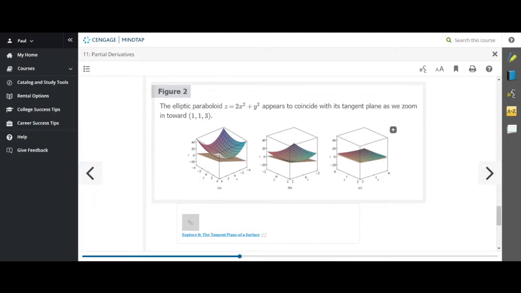In figure A, there's the picture. In figure B, you're narrowing in on that point. You notice x goes from -2 to 2 and y goes from -2 to 2. And in figure C, you're narrowing in even more closely to the point (1, 1, 3). You see how the surface, the paraboloid, begins to look like a plane for points near that point.